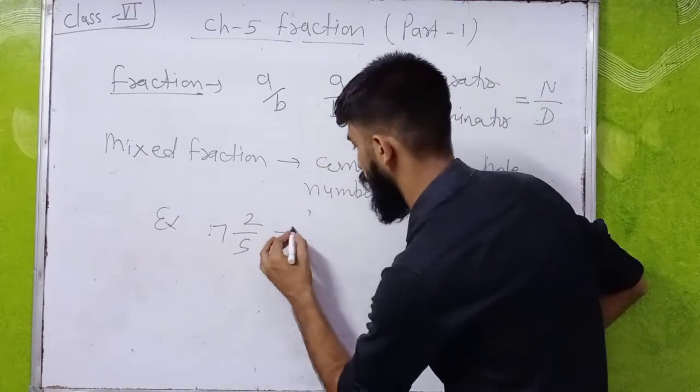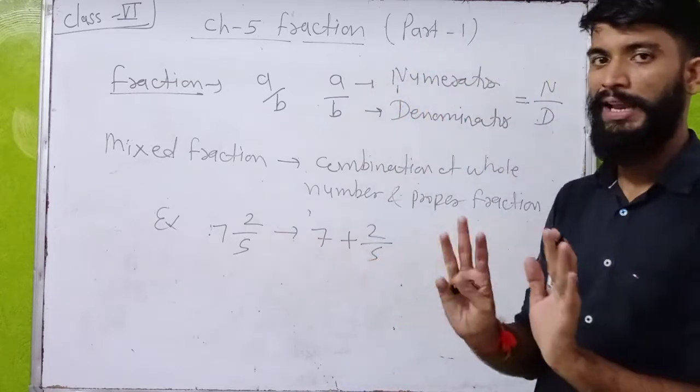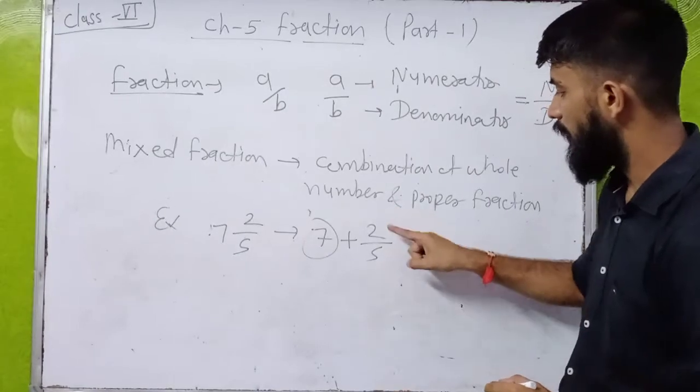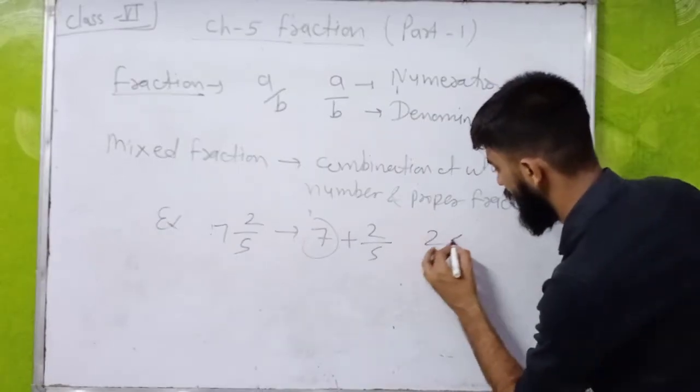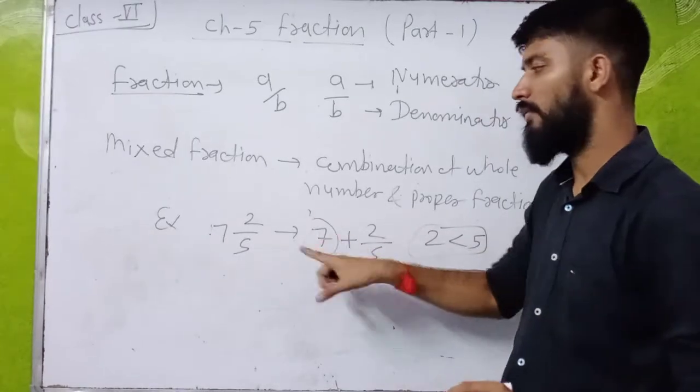Here we can write 7 plus 2 upon 5 for explanation. So 7 is the whole number and 2 divided by 5 is the fraction. Here 2 is less than 5, so this is your proper fraction and this is the whole number.